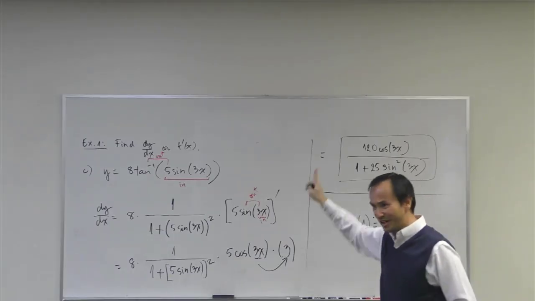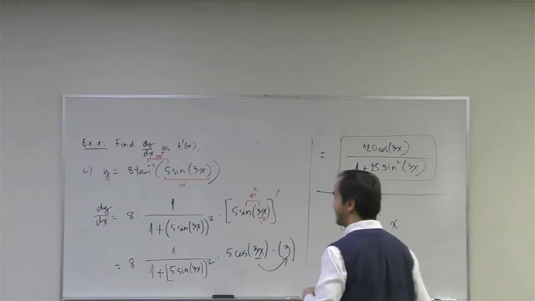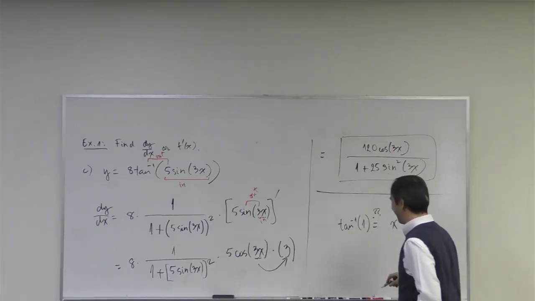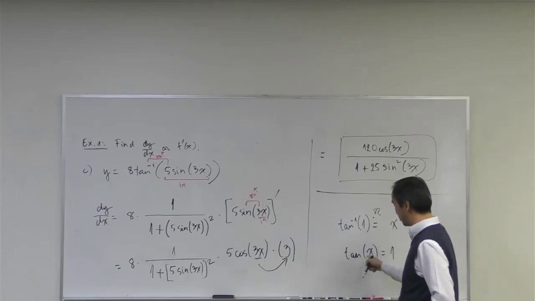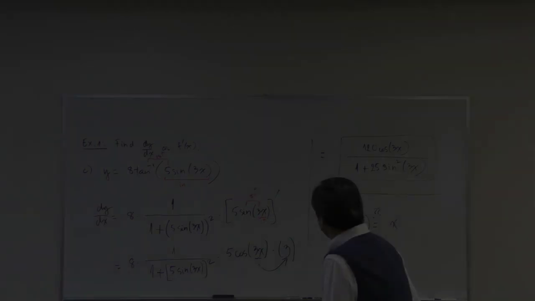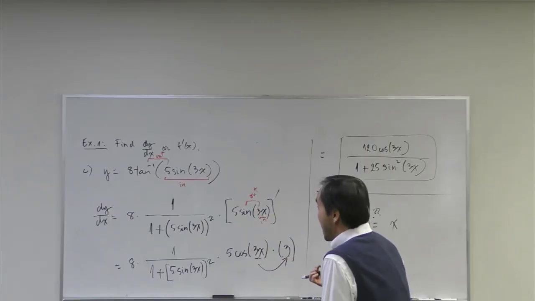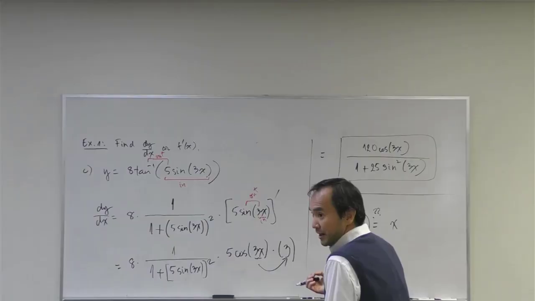But how did you get that x? Yes? We turn it into a regular tangent by saying tan of x equals 1. Right, so we're looking for the angle x making tangent of x equals 1. So what angle is that?